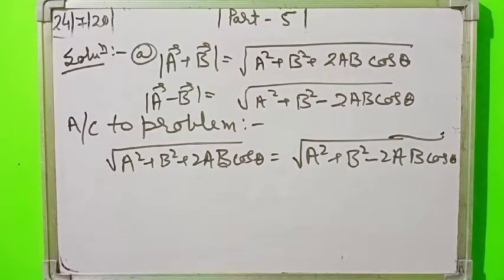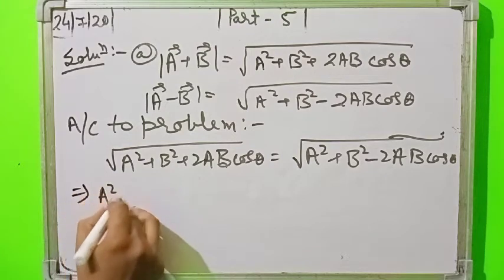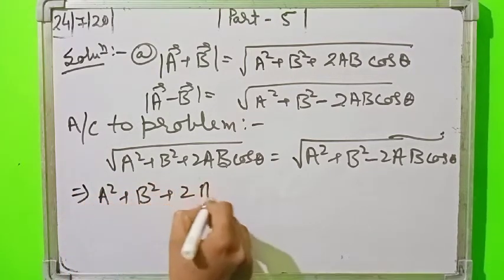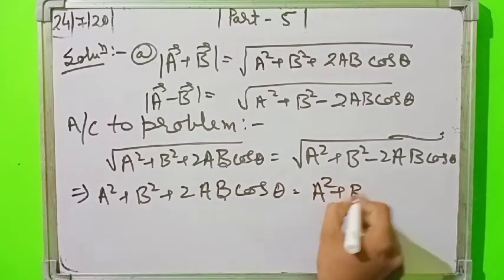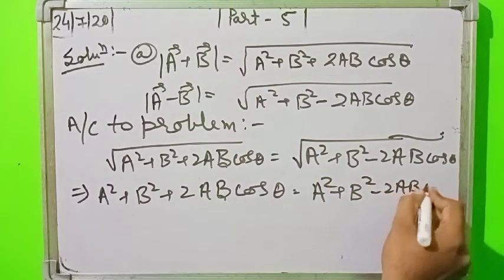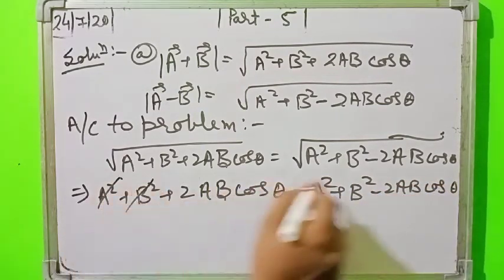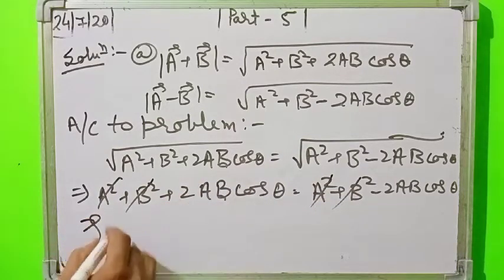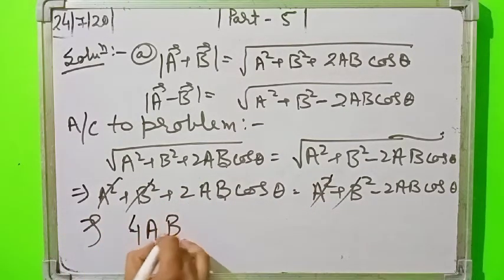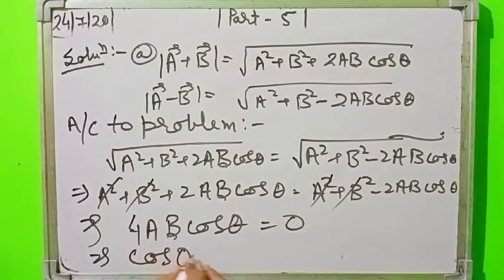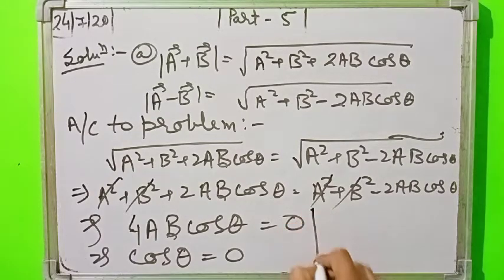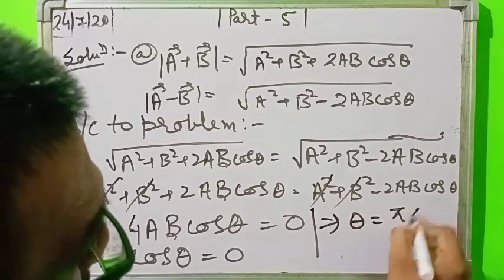Squaring both sides, you will get A square plus B square plus 2AB cos theta equal to A square plus B square minus 2AB cos theta. Like terms will cancel out, and if transferred to this side, it becomes 4AB cos theta equal to 0, and from here cos theta is equal to 0. When the value of cos theta is 0, according to trigonometry, theta is equal to pi by 2.